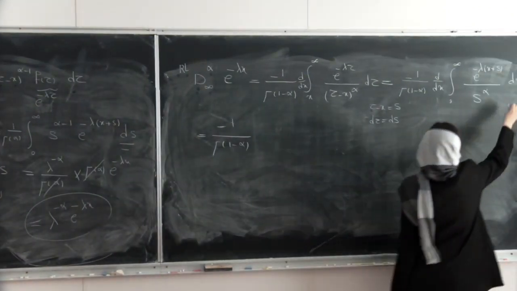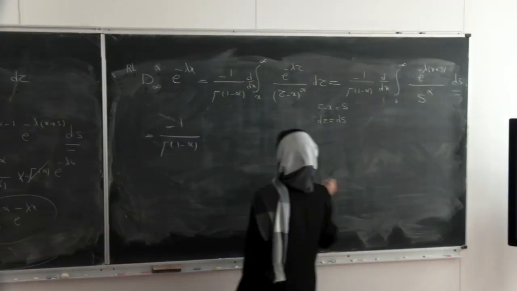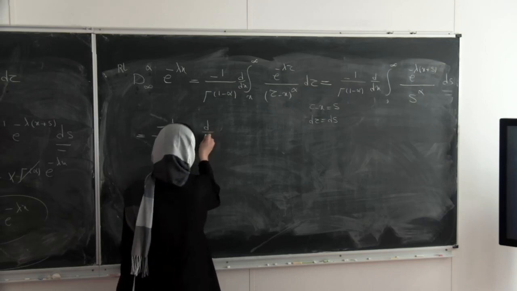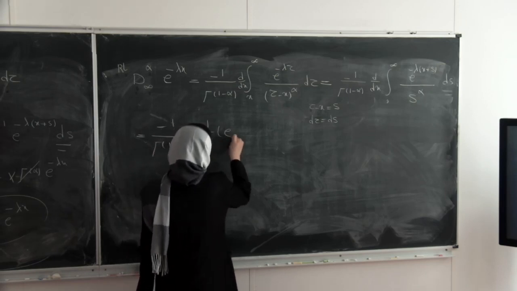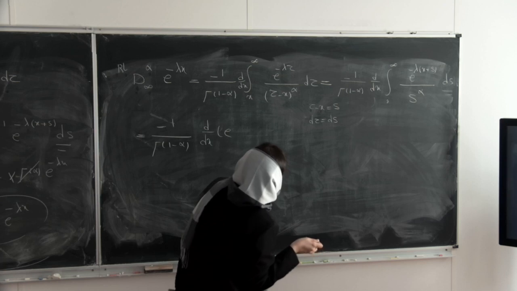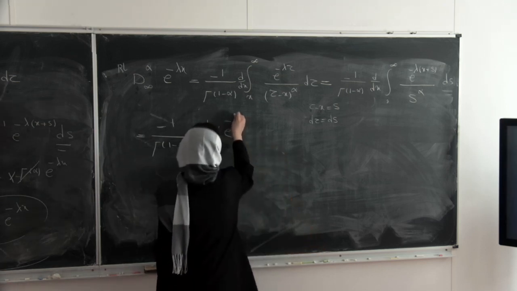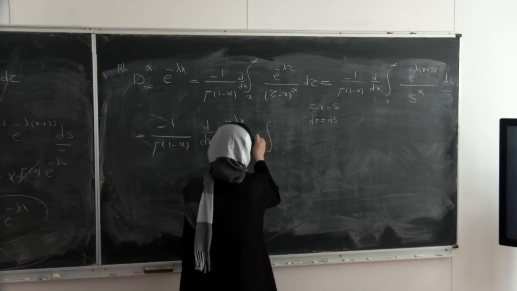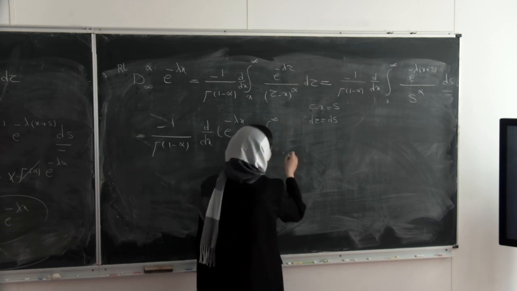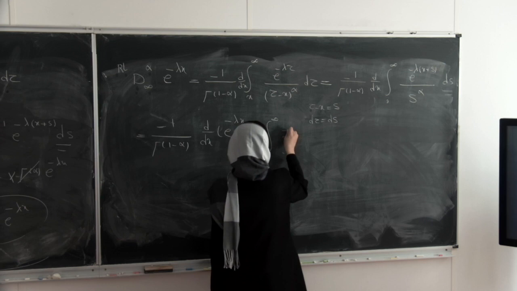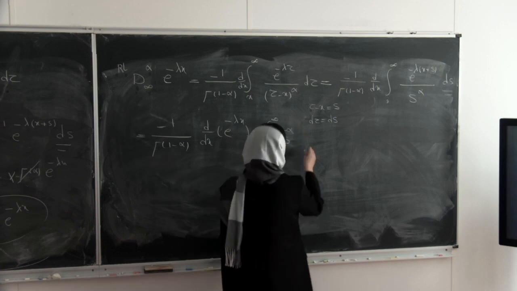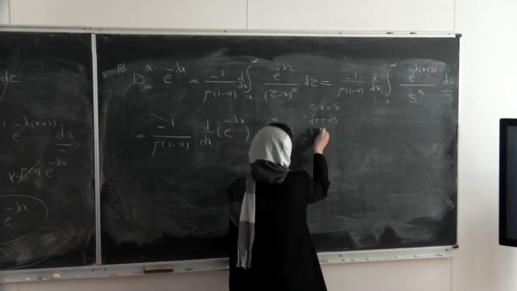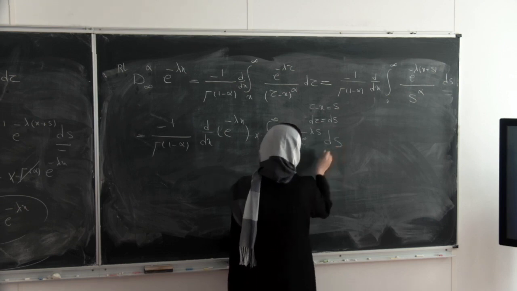Here we have integral with respect to s, so we can write the derivative of e to the minus lambda x times integral 0 to infinity s to the minus alpha e to the minus lambda s ds.